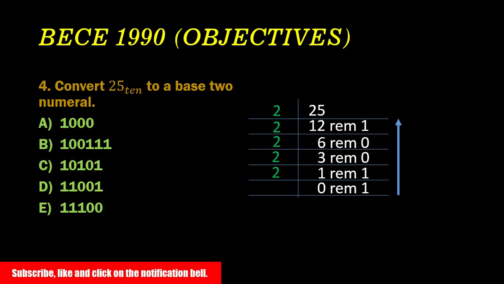Now, if you look at the direction of the arrow, our answer is simply 11001. So thus 25 base 10 is simply equal to 11001 base 2. So which option is the answer? It's obviously option D as shown on your screen.